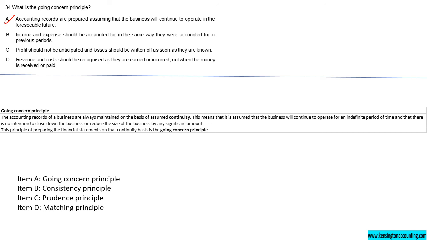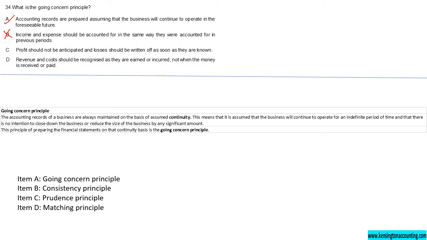This is consistency principle, which requires that once an accounting policy has been chosen, it must be applied consistently year after year so that the financial statements can be compared between various years to measure performance and trends in the business. Therefore, answer B is consistency and is not the correct answer.